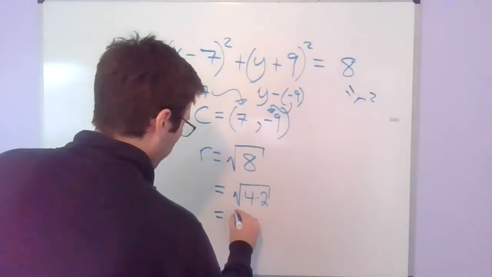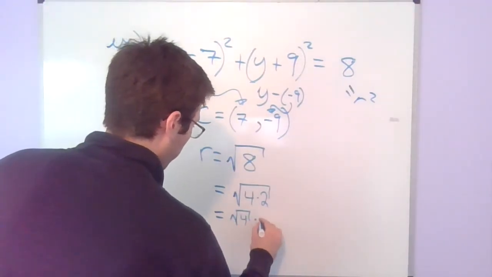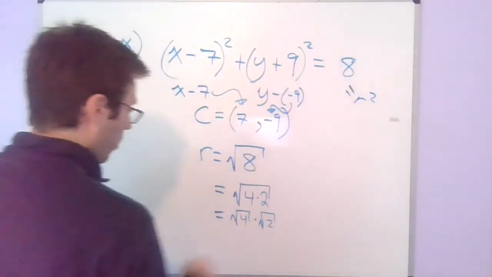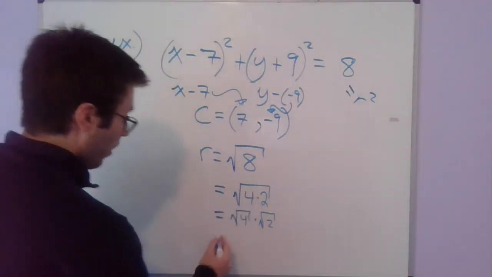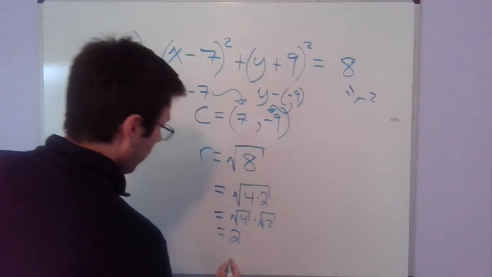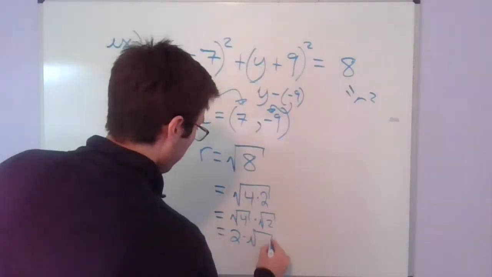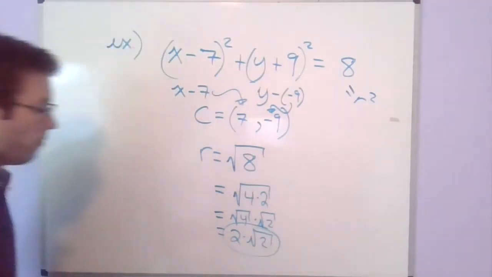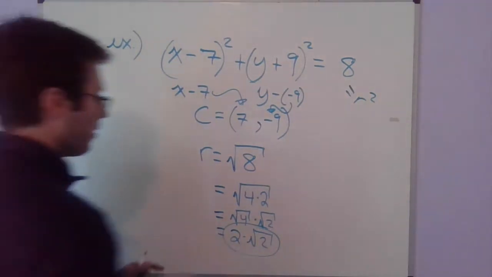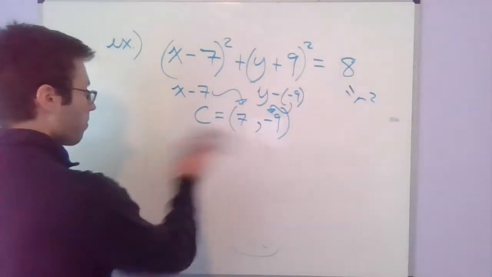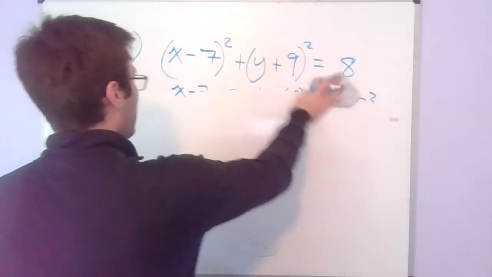Square root of 4 times the square root of 2. We know we can do this with the square root. We can break it apart like that because we're multiplying here. Square root of 4 is just 2, and then times square root of 2. So this is what it would look like, completely simplified, the radius of it. So that is how we would write the equation of a circle and figure out what its radius and what its center is.